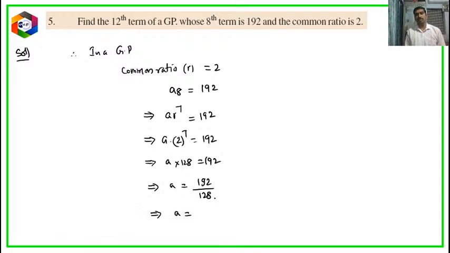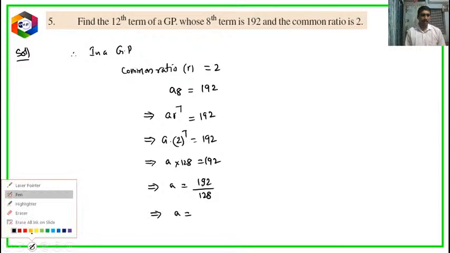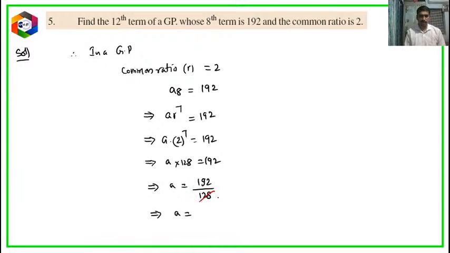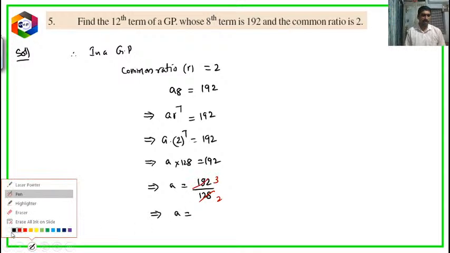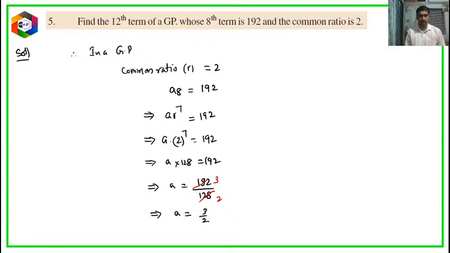Now let us try to cancel it. Upon cancellation, here we get 64 2s and 64 3s directly, or else you can cancel with 4 and 8. Now the value of A will be equal to 3 by 2.